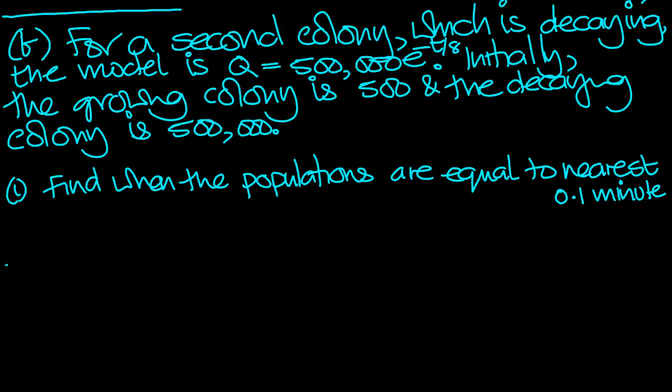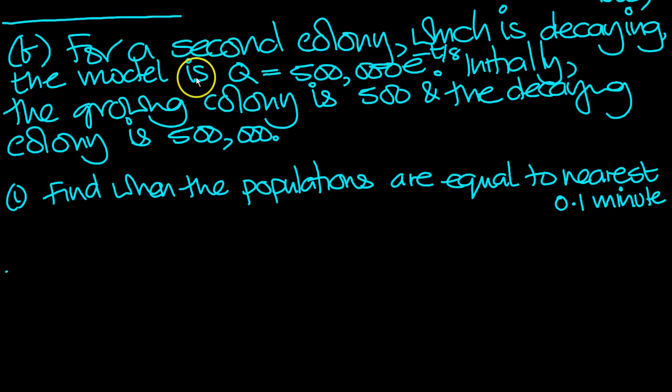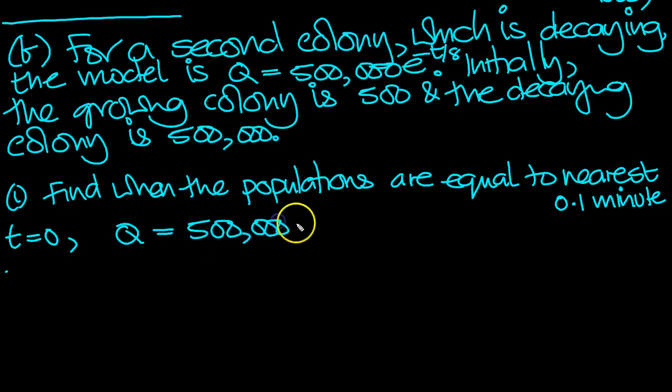Okay, so we're told for part B then. Initially, the decaying colony is 500,000. So T equals 0. Q, the population of the decaying colony, is equal to 500,000 times e to the minus 0, which is e to the 0, which is 1.